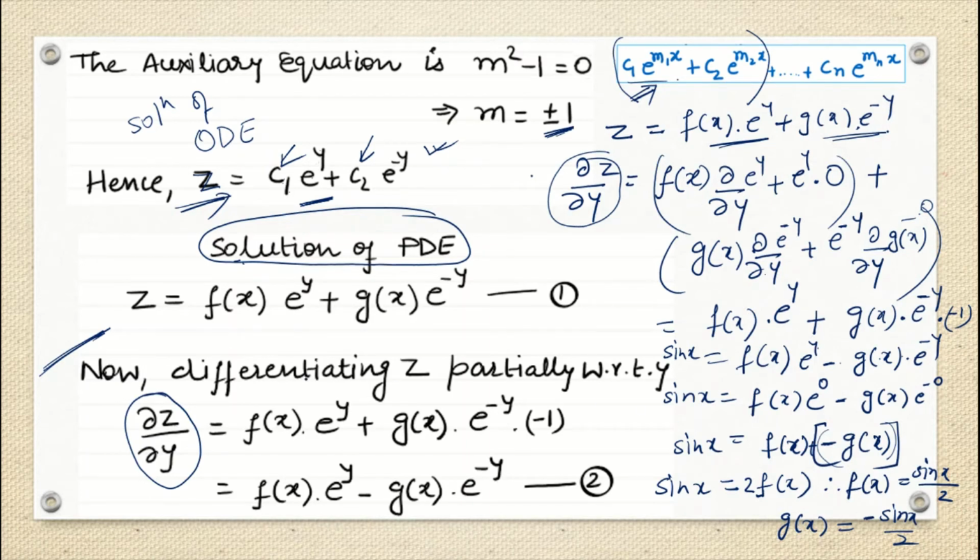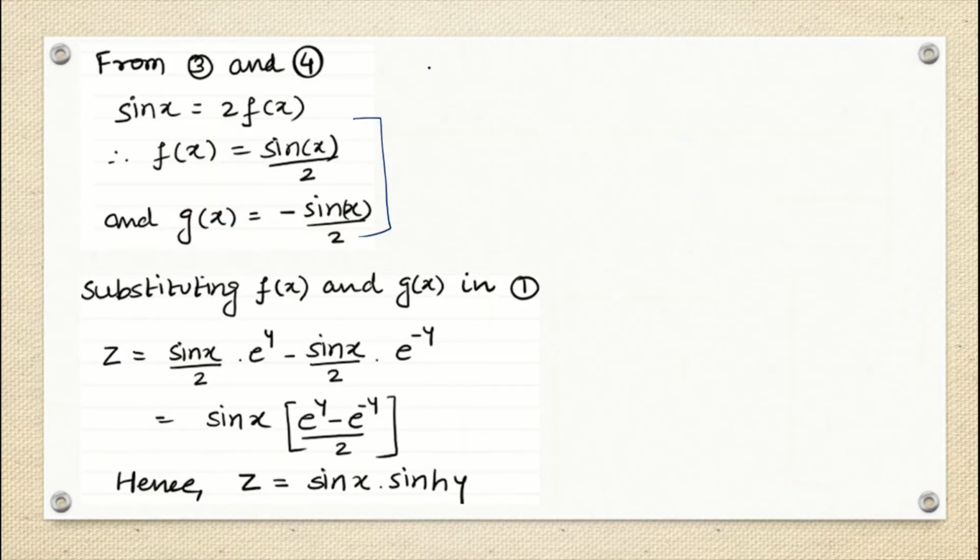So the solution of PDE is written here. z is f(x) e raised to y plus g(x) e raised to minus y. Or I can write down, instead of f(x), sin x by 2, and instead of g(x), minus sin x by 2. Correct? So I'm going to write down the solution of PDE here: z is f(x) e raised to y plus g(x) e raised to minus y.